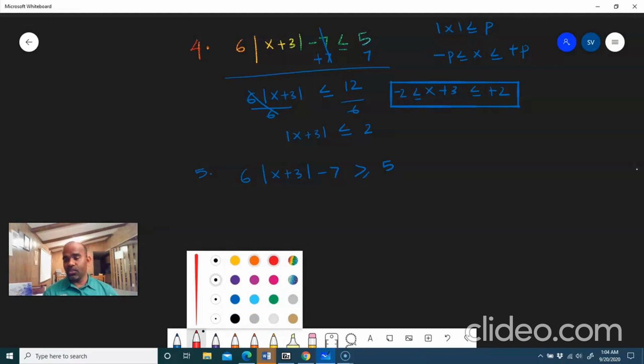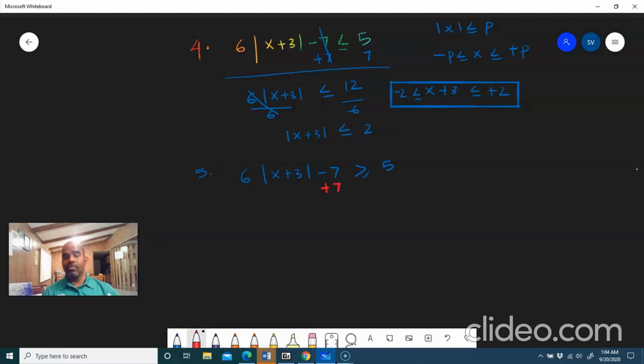Before we start solving, we have to isolate the absolute value. So add 7 on both sides, it cancels out. 6 times the absolute value of x plus 3 is greater than or equal to 12, and eliminate this 6, so the absolute value of x plus 3 is greater than or equal to 2.